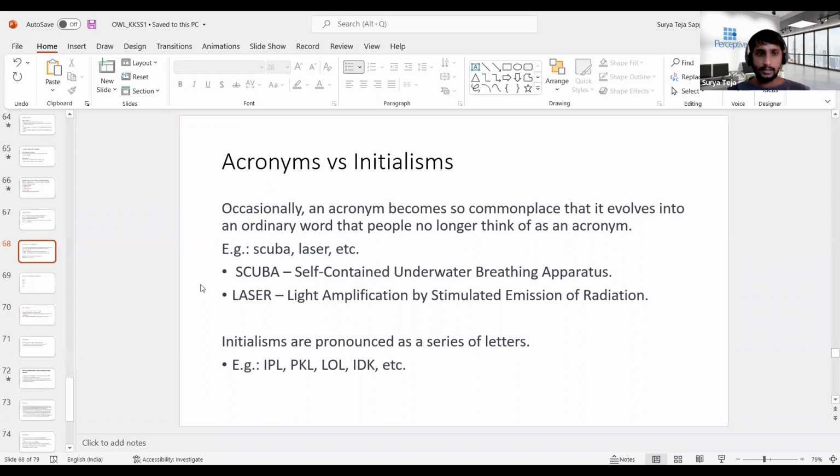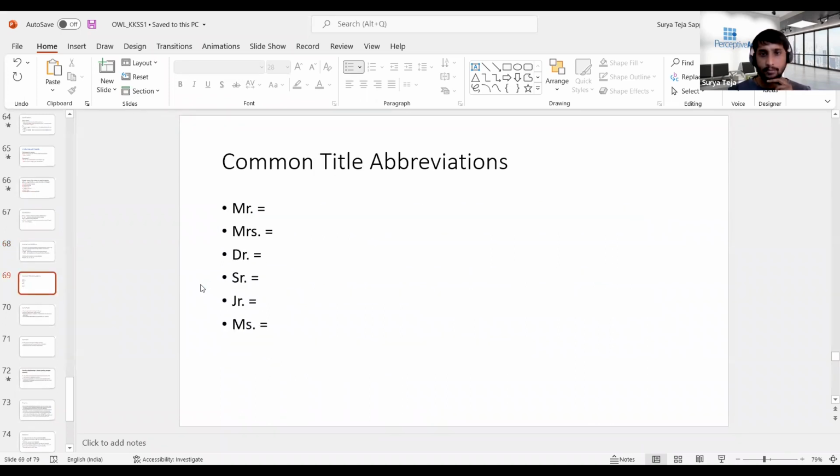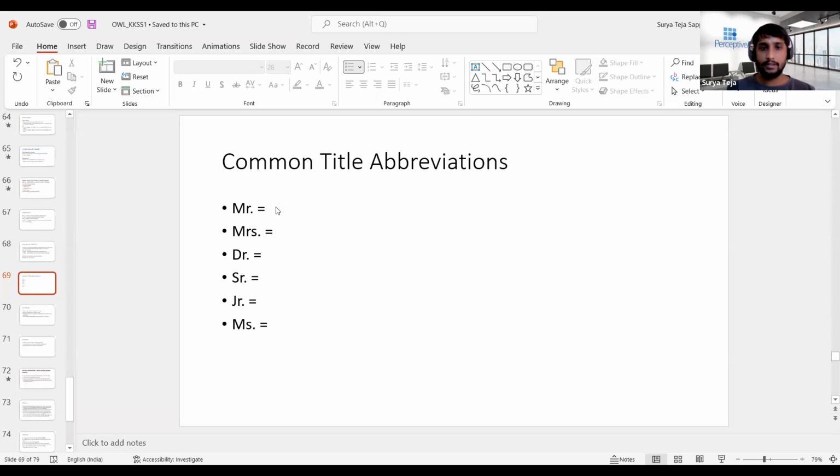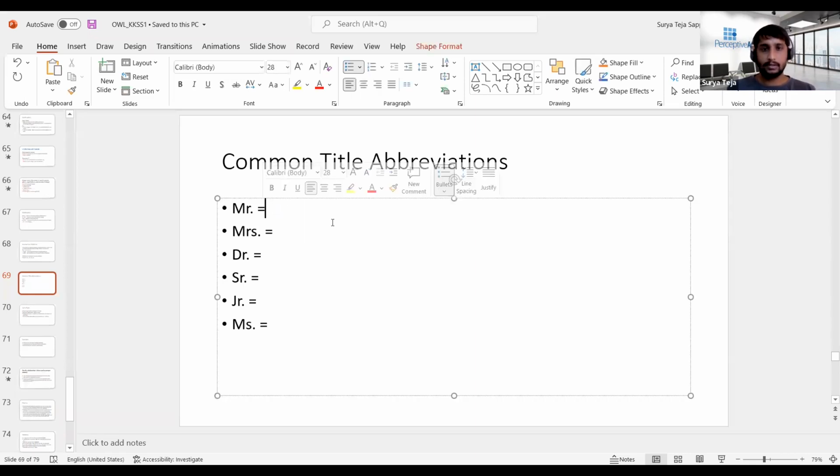So this is what acronyms and initialisms are about. Now we'll see some common title abbreviations, and I'll talk about certain other things while capitalizing, and how exactly an abbreviation has to be expressed. Take Mr., which we would have seen in almost regular English usage.